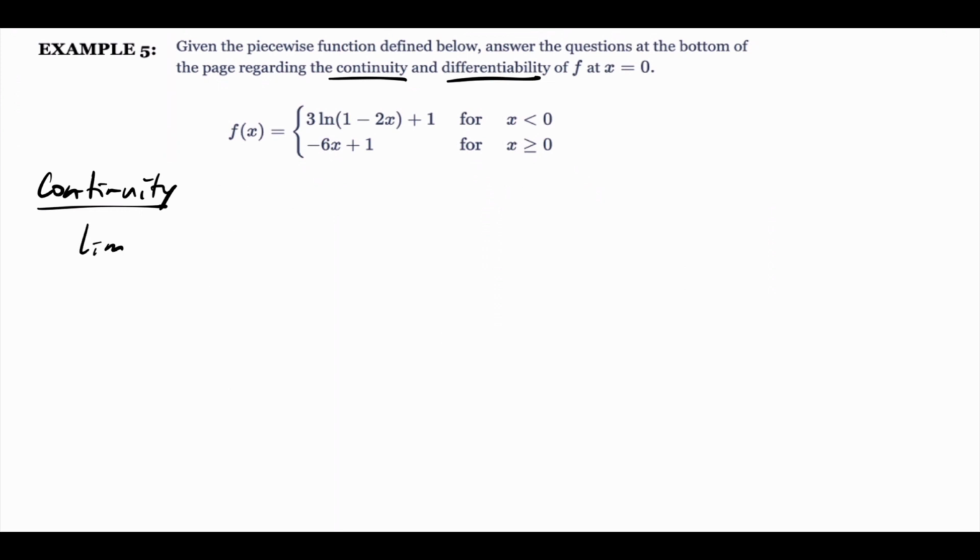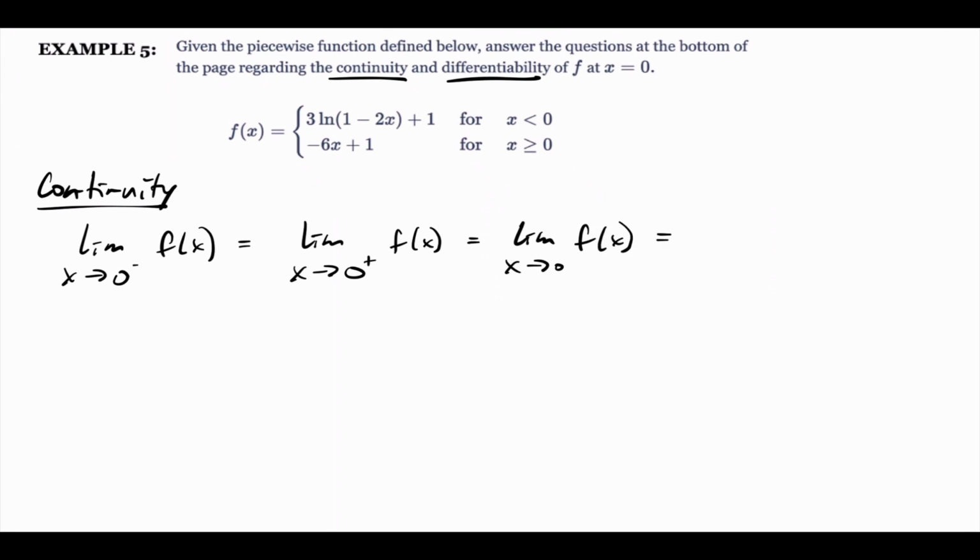So the limit as x approaches 0 from the left for f of x, the limit as x approaches 0 from the right from f of x. If those two are equal, then that'll be the overall limit for 0. And then f of 0, the y value at 0.